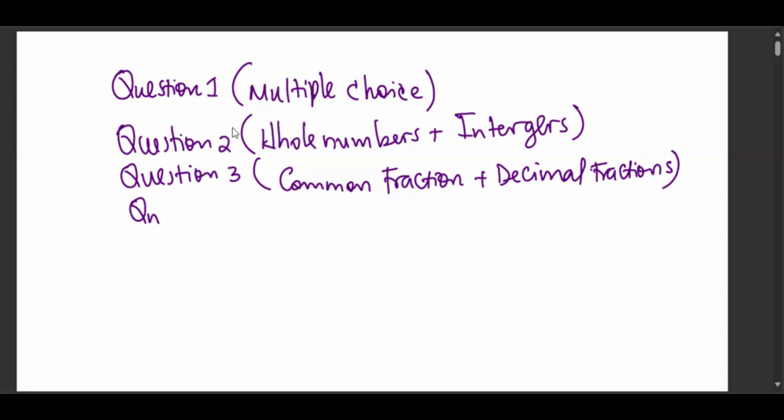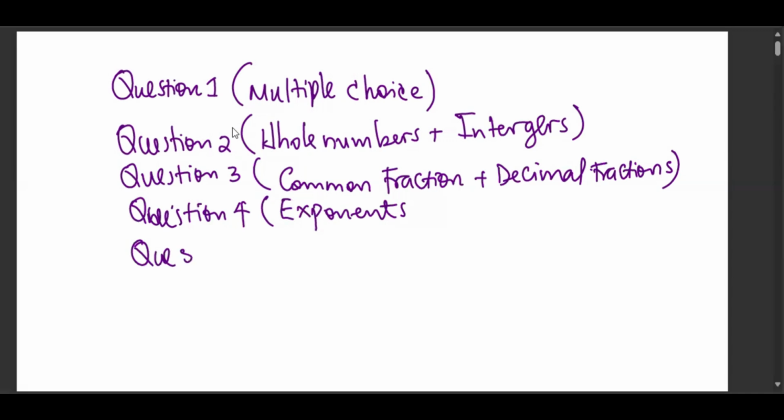We look at question number 4. We shall look at exponents. Here we shall expect you to know the rules and where they apply.